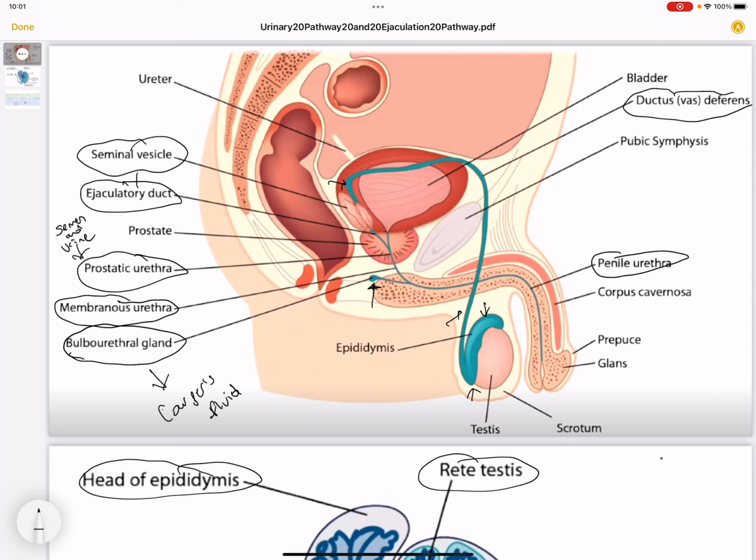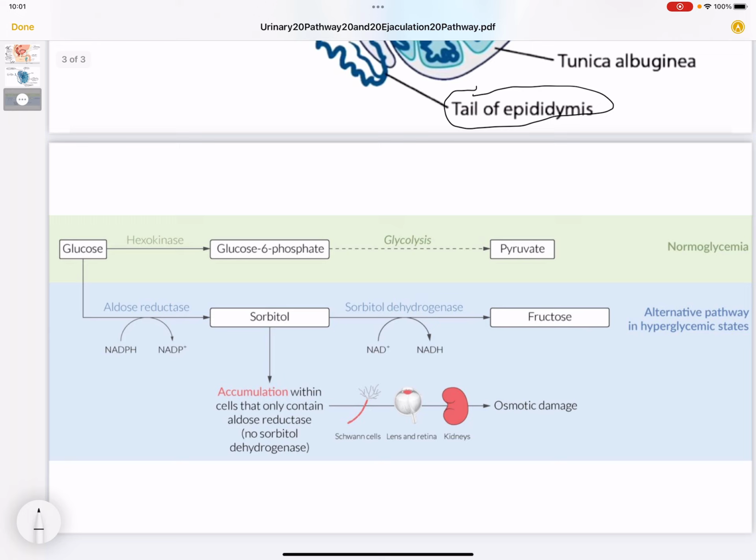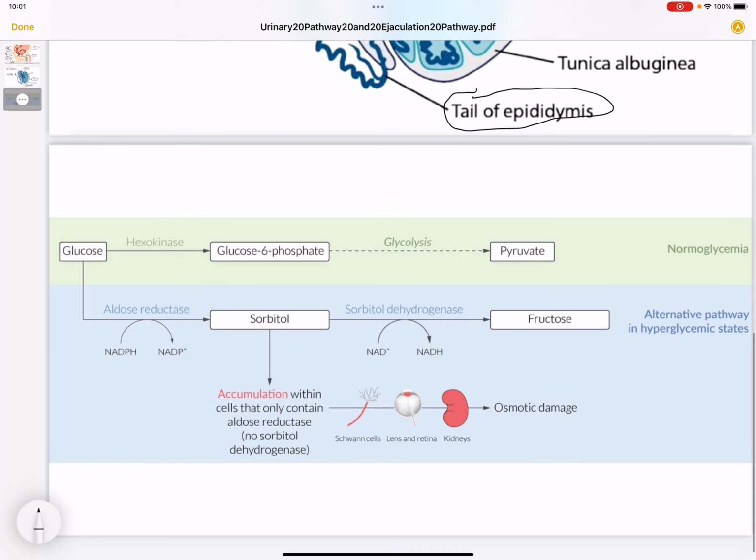Now, let's talk about sorbitol dehydrogenase. We said that seminal vesicles contain sorbitol dehydrogenase. Why is this important? This is very important in fructose metabolism. This is the polyol pathway.